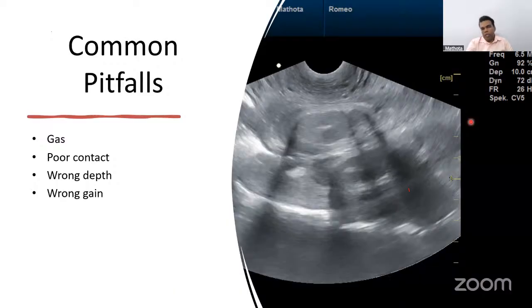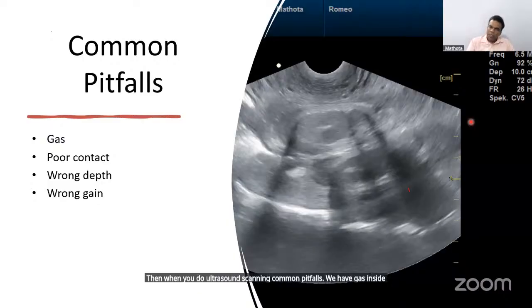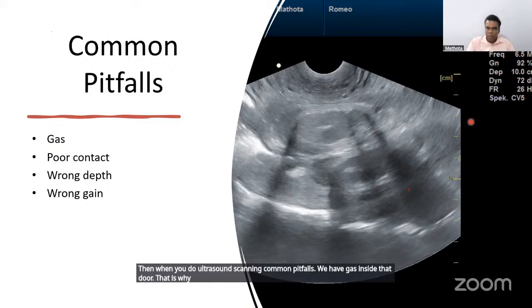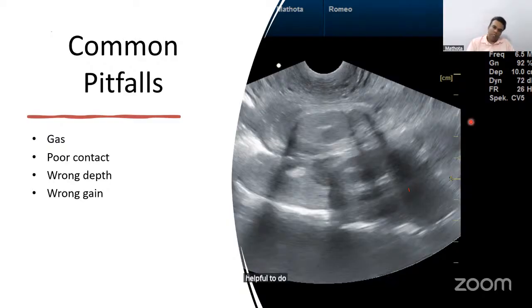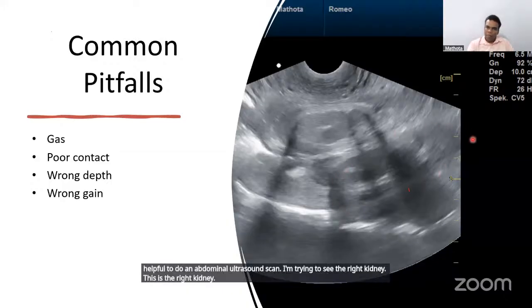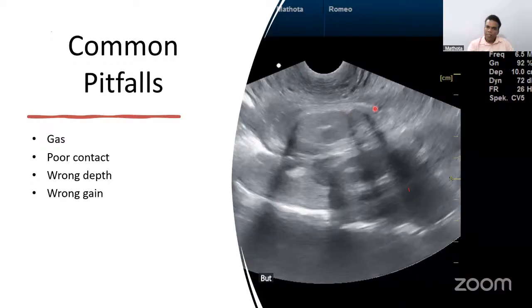Then when you do ultrasound scanning, common pitfalls. We have gas inside the abdomen. That is why keeping the animal fasting is very helpful for an abdominal ultrasound scan. I'm trying to see the right kidney. This is the right kidney. But there is some gas inside the duodenum or some intestinal loops.